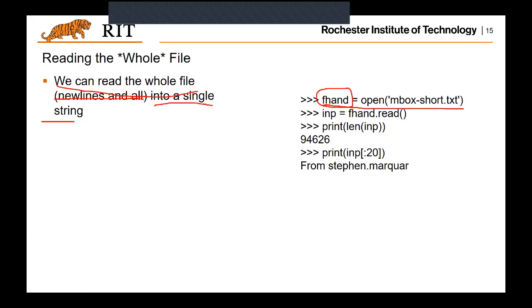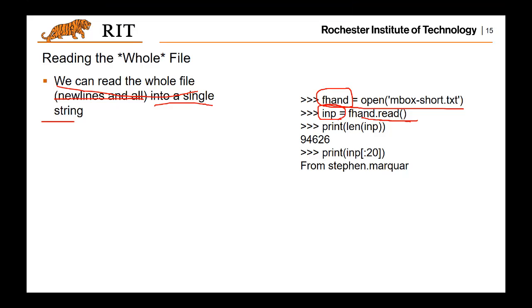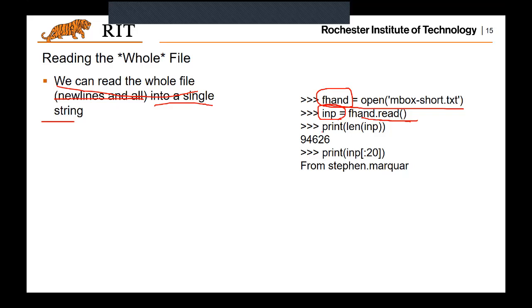If we use the read function, f hand.read, this will return a single string, and we can assign it to this INP variable, and that will give you a single string containing all the lines, including new lines. If we print out the length of this string, it turns out it's 94,000 something.